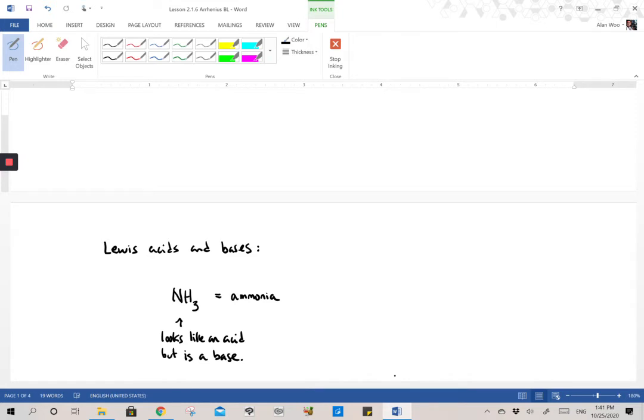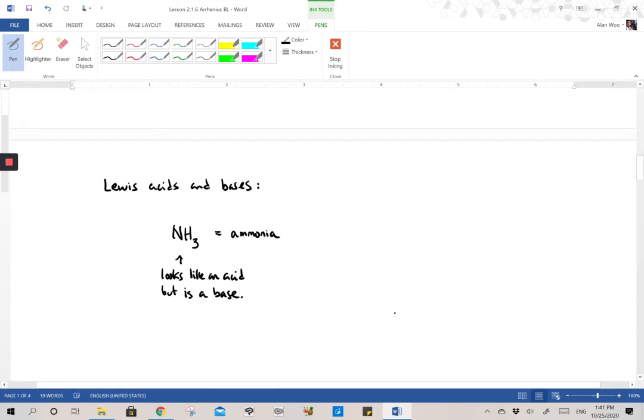So to help us figure this out, Lewis figured out a couple of things. I think it's better for me to describe the definition of a Lewis base first and then show you the example.